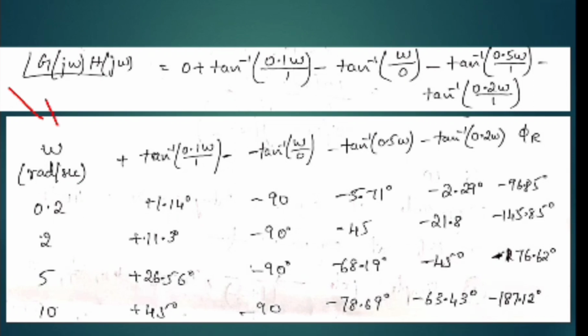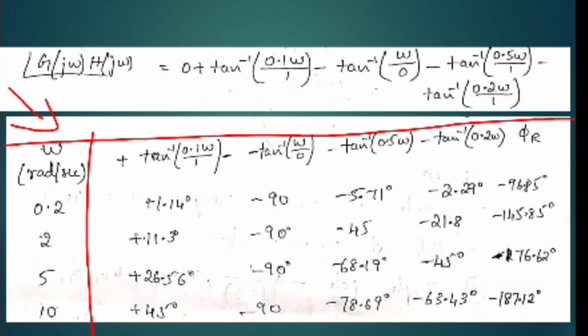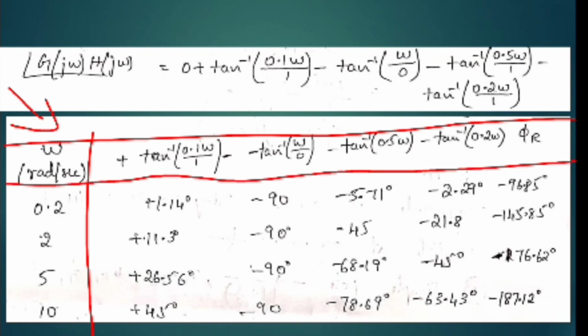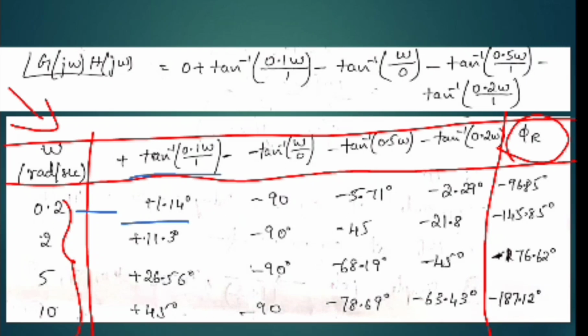Now let's see this table. This is the table which has the value of omega in radians per second, and then different angles of equations and the resultant angle. We have taken some random values of omega, that is 0.2, 2, 5, 10. For 0.2, tan inverse of 0.1 into 0.2 divided by 1 will give you plus 1.14, and similarly minus tan inverse of 0.2 divided by 0 will give 90 degree.